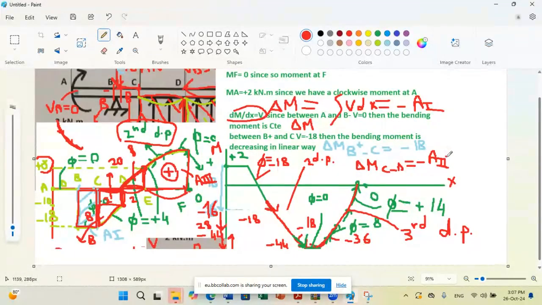Okay. Now how to calculate area 3? So delta M from E to F equals to area 3. To be able to calculate this area, you need to know a mathematical formula. Okay, this mathematical formula is the following.